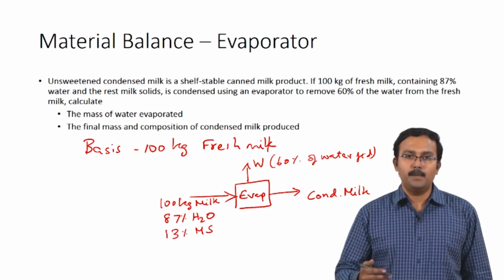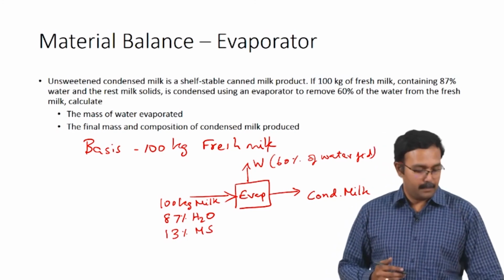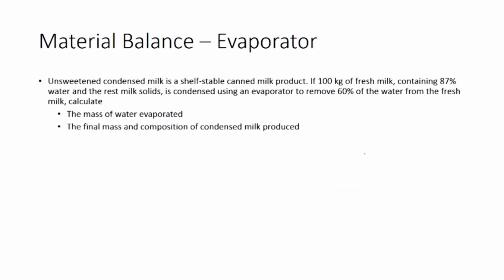Using this information, let us see if we can calculate the amount of water which is evaporated and the final mass and composition of the condensed milk. So, the problem statement tells you that 60% of the water which is entering into the system through the fresh milk is evaporated in the form of water vapor. So, let us first calculate how much of water is actually entering into the system.